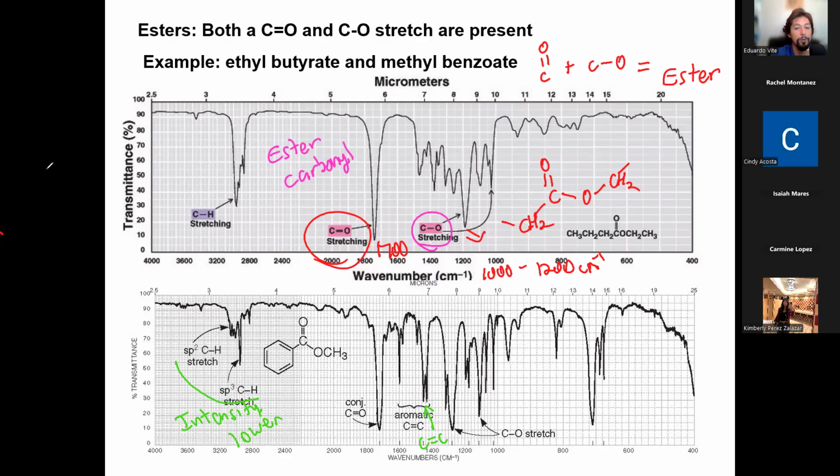Now look at your carbonyl peak at 1700. Right here, 1700 in the red. This is your carbonyl peak, but it's conjugated. Single bond, double bond, single bond, double bond. You see? So the wave number is going to be a little bit less. The intensity might be a little bit reduced. So you don't see it very strongly, but you still see very distinctly you have your carbonyl peak.